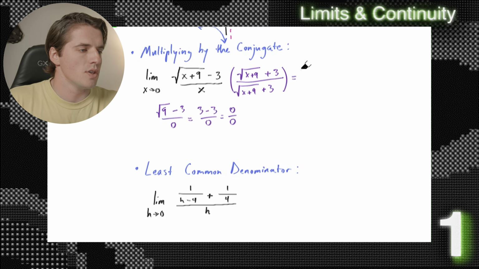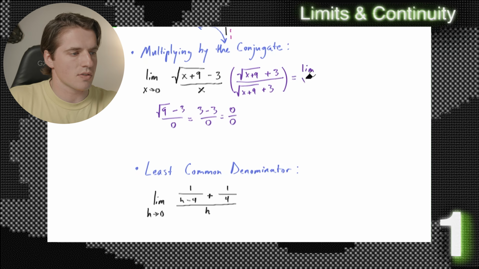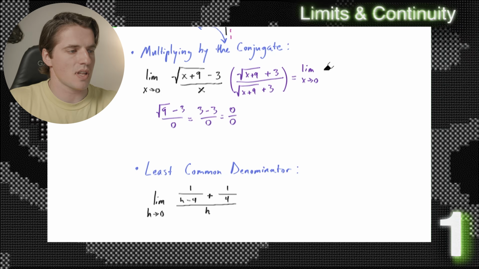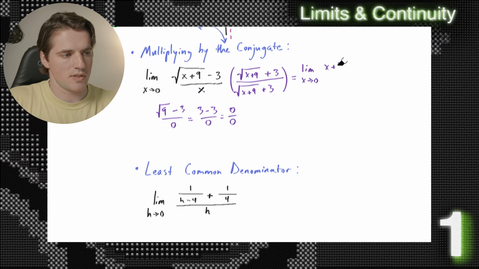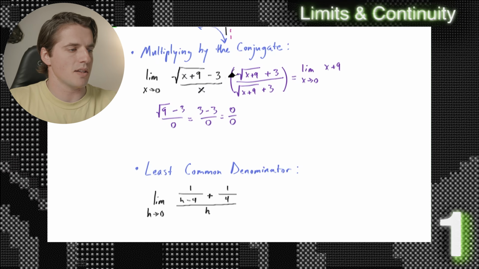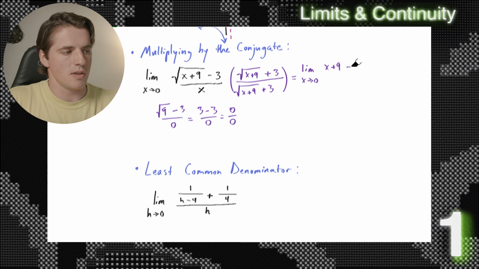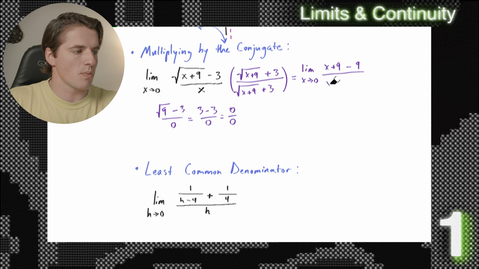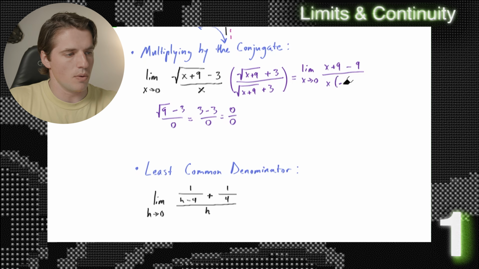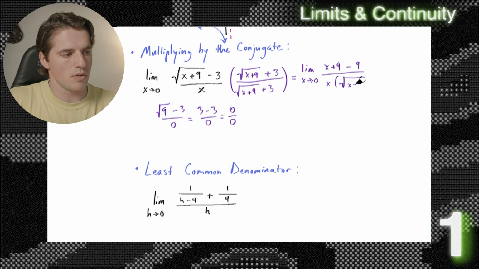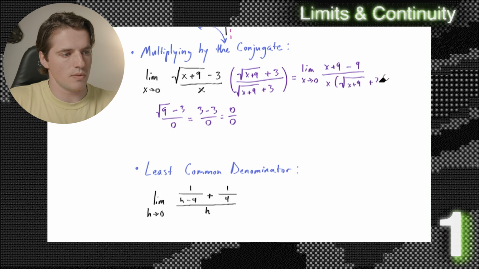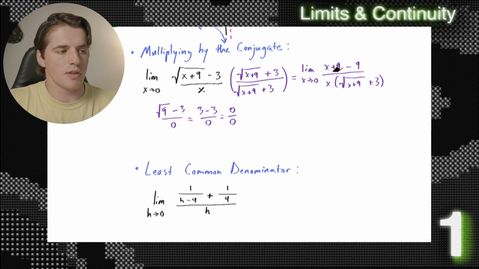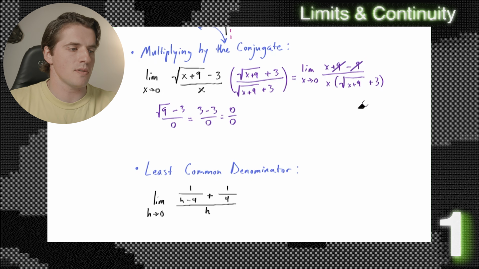Okay. We have the limit as x goes to 0 of the square root of x plus 9 times the square root of x plus 9 is x plus 9. Minus 3 times 3 is minus 9. And on the bottom, we leave this alone. We don't want to distribute. We want to leave this alone. It's going to help cancel things out. So you'll notice in the numerator, the plus 9 and the minus 9 will cancel.